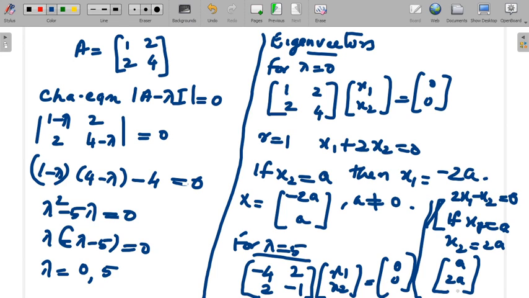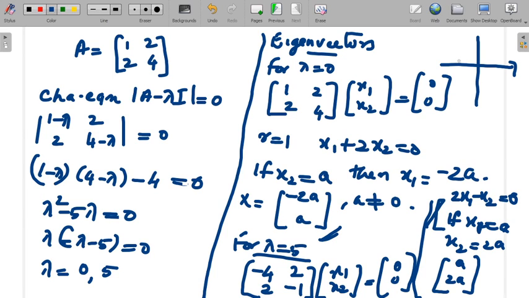Now look at these two directions. If you give a the value 1, we get the first vector as minus 2, 1. Right? This vector. So the first vector is in the direction minus 2, 1.